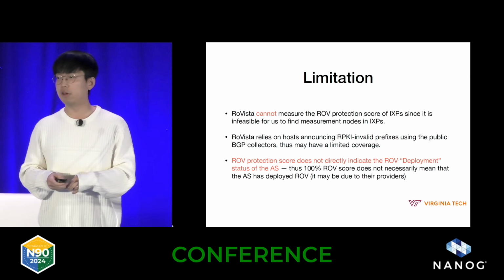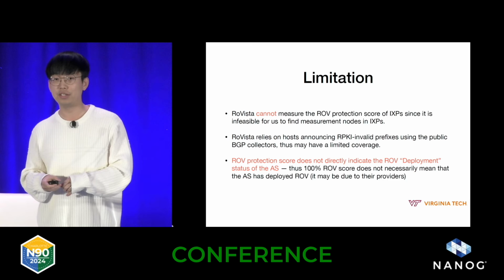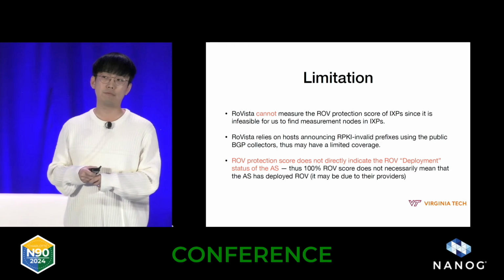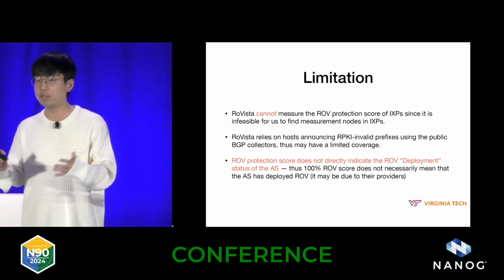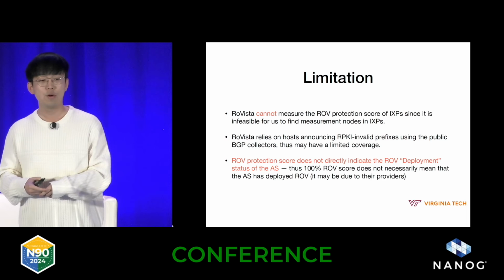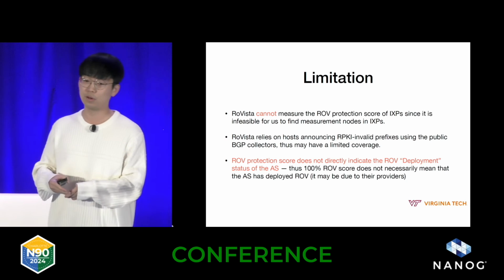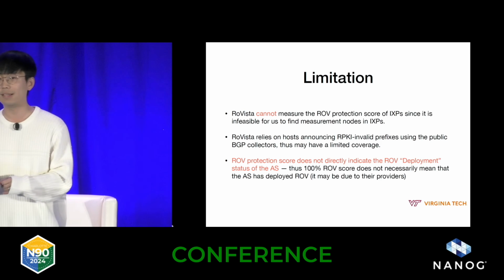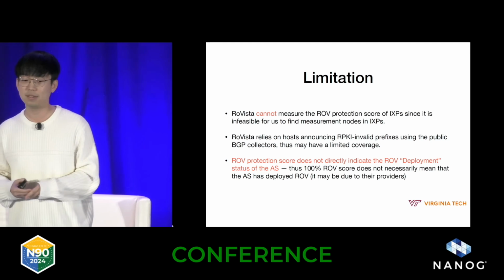I'd like to talk about the limitations of our methodology. RoVista is really good for extending coverage, so that we can measure 30K ASes. However, we cannot measure the ROV score of IXPs because it is infeasible for us to find a reflector on IXPs.